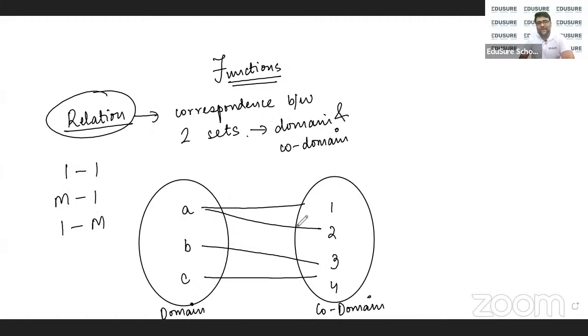A going to many, A going to one also, and A going to two also, is one-to-many mapping. And the other is many-to-many. There are four kinds of mapping possible from the domain to the codomain: one-to-one, many-to-one, one-to-many, and many-to-many. So any sort of a correspondence or mapping between two sets is called a relation.